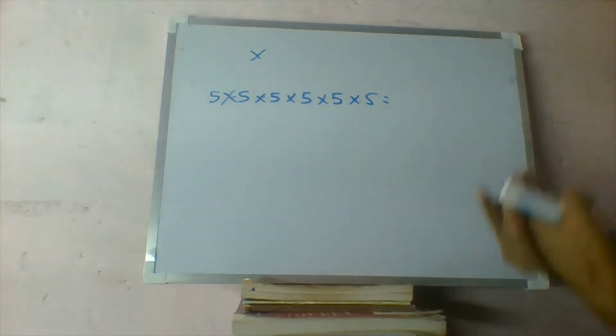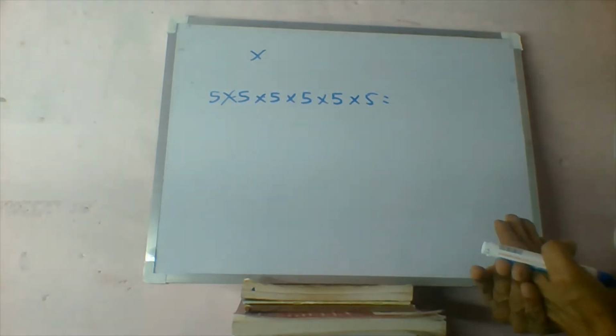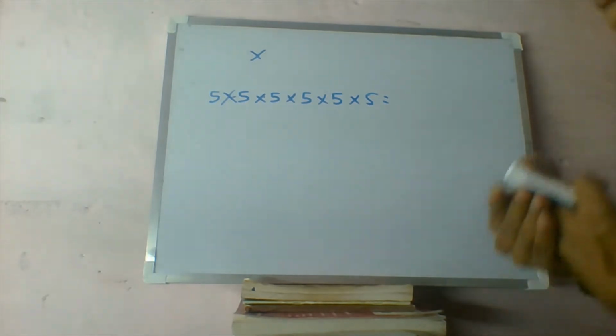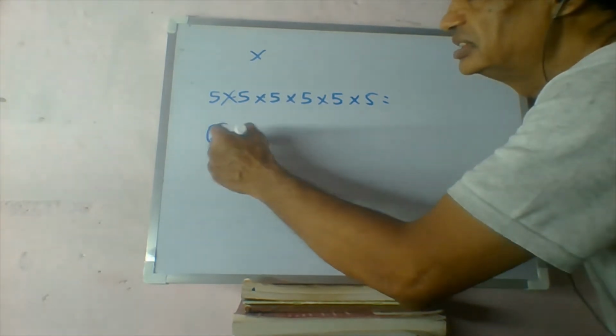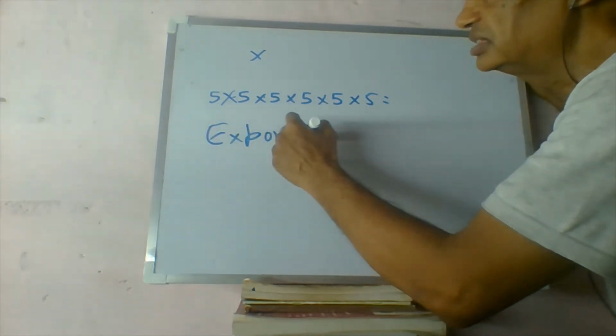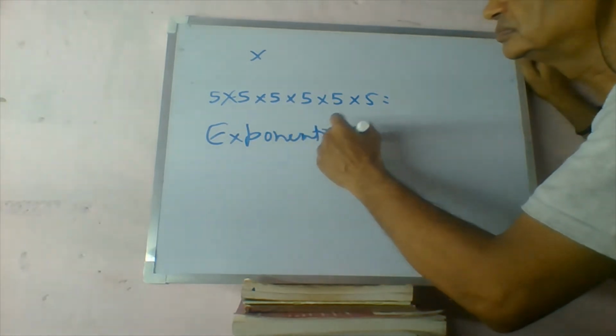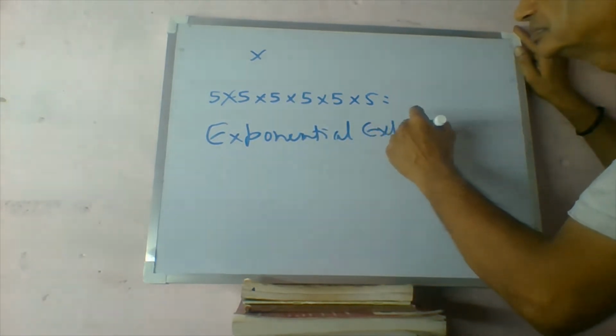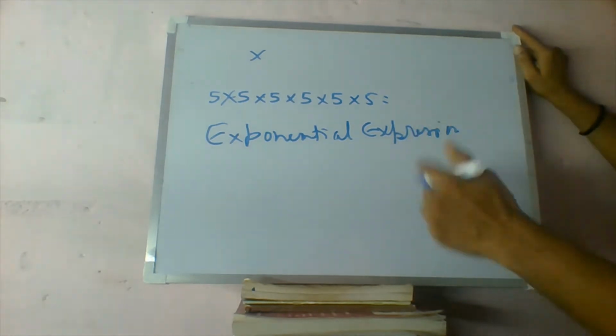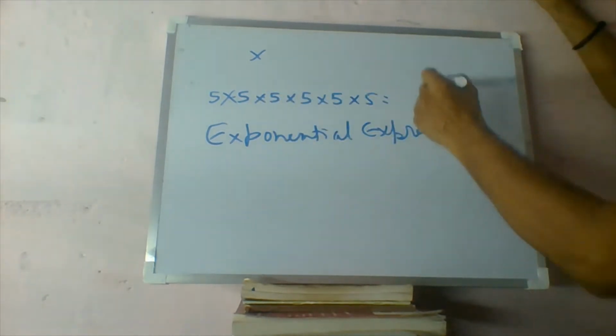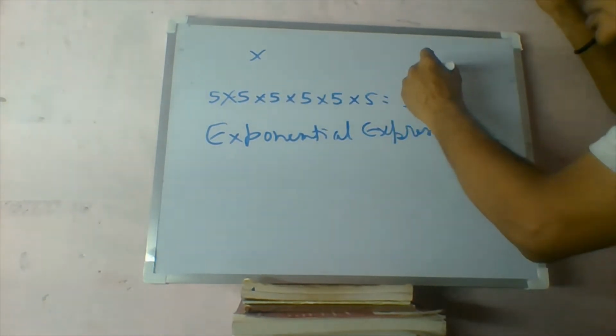We are multiplying 6 fives together. And for that we need exponentials, and we convey this simple information with the help of 5 raised to 6.